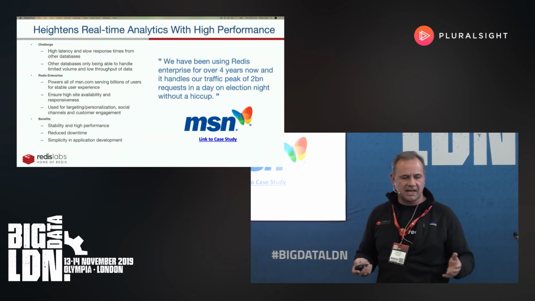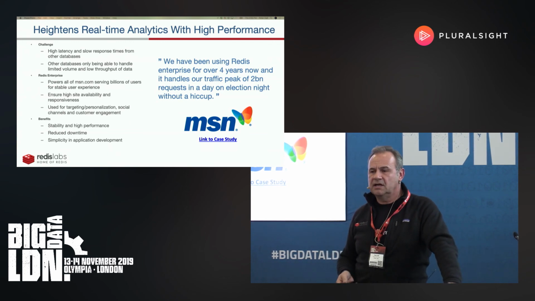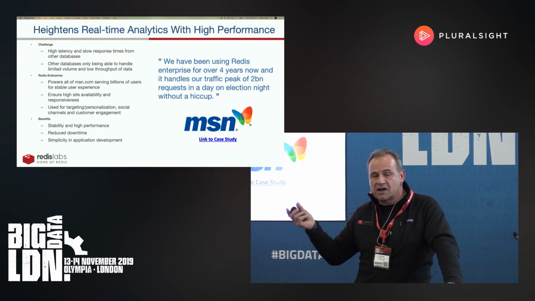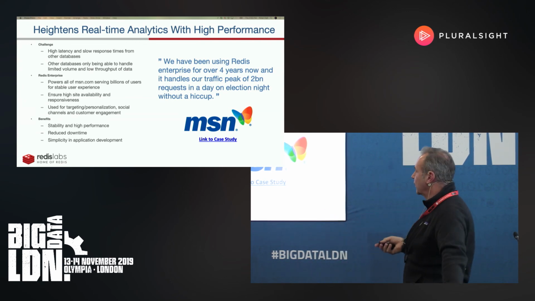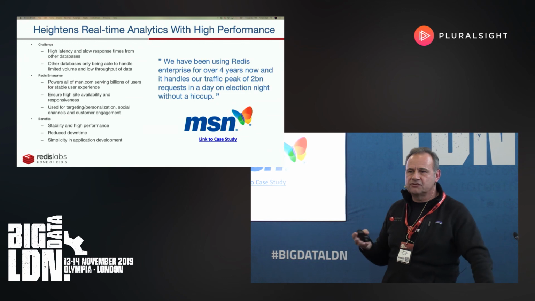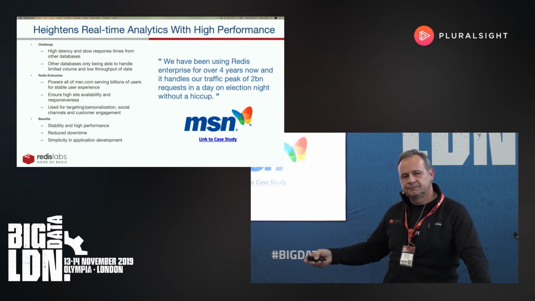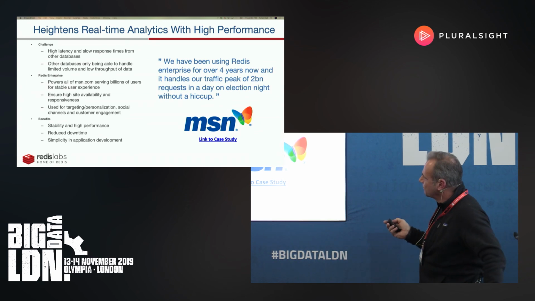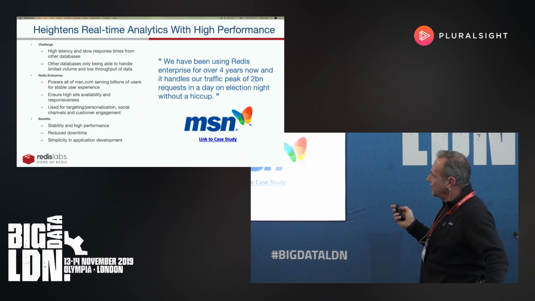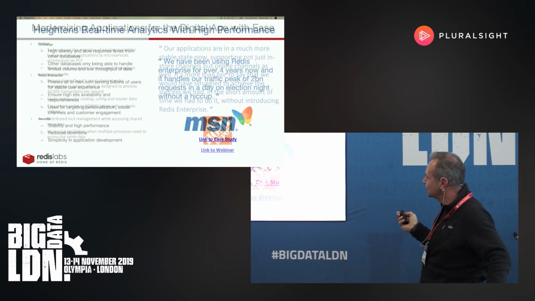I talked about MSN. We have a whole range of customers such as Visa, MasterCard, Amex, Wells Fargo, MSN on the media side, Warner Media, DreamWorks, AT&T, Verizon, Apple, etc. So everybody needs speed, or will need speed very soon.